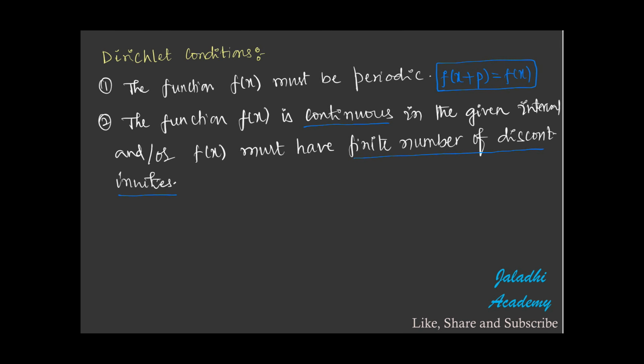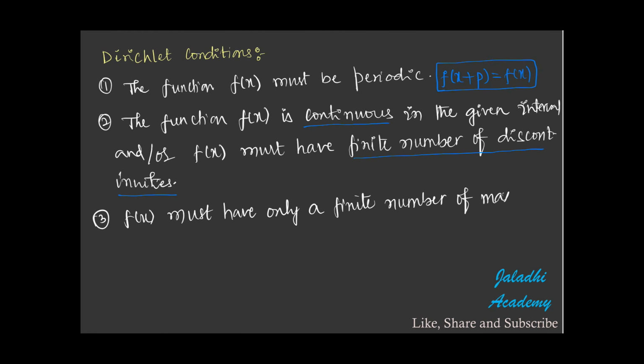Next is the third one. The given function f of x must have only a finite number of maxima and minima in one period or in the given interval.